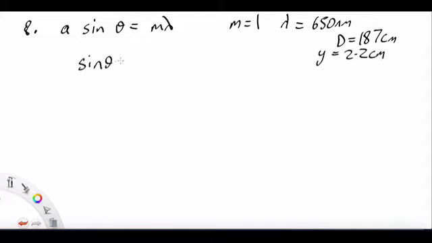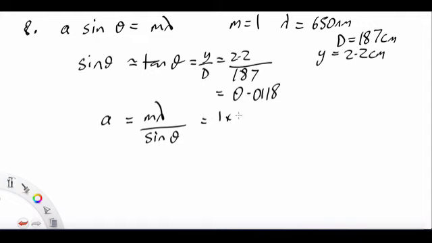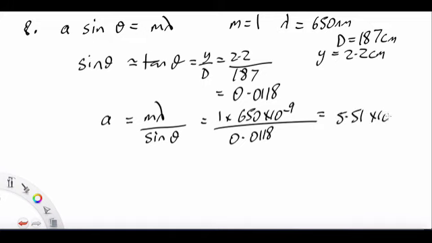So again, small angle approximation, sine theta is about equal to tan theta, which is y over d, which is 2.2 over 187, which is 0.0118. So now a is going to be m lambda over sine theta, which is 1 times 650 by 10 to the minus 9 over 0.0118 is 5.51 by 10 to the minus 5 meters, or we could write as approximately 55 microns.